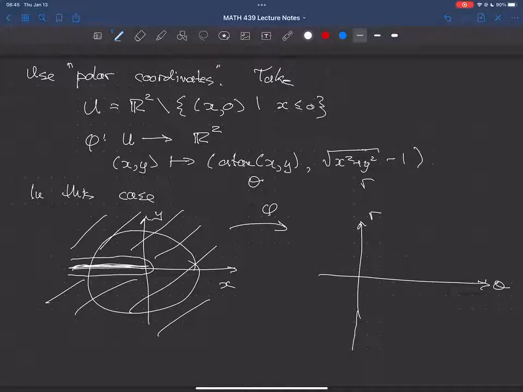I know that theta goes from minus pi to pi. So in this picture here, I should go minus pi to pi. All right, and then R is obviously going to be, the way I've defined R, remember, I'm shifting by -1, and so R is actually going to go down to -1. And so the image of phi looks like this. It's that bit in there.